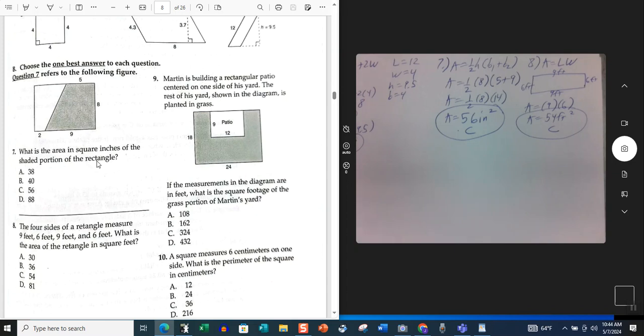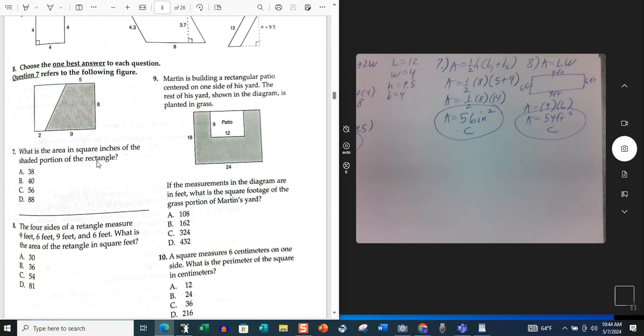Okay, number 9. It says Martin is building a rectangular patio center on one side of his yard. The rest of the yard shown in the diagram is planted in grass. If the measurement and the diagram are in feet, what is the square footage of the grass portion of Martin's yard?